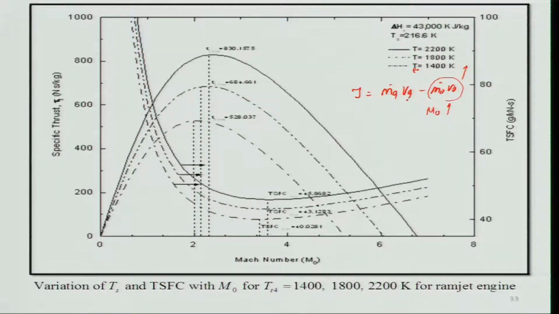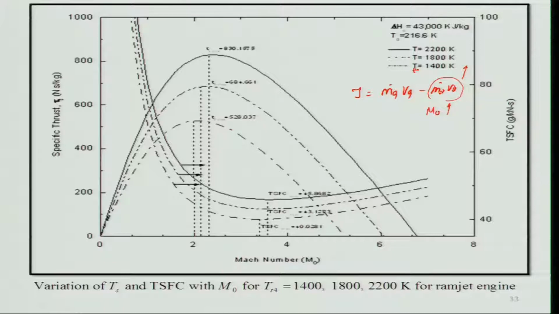So for a particular heat input, the negative term goes on increasing, therefore the thrust decreases. Right? That makes sense to you? Any doubt? This part decreases because your inlet drag is higher at the higher Mach number for the same engine. Keep in mind, same engine.